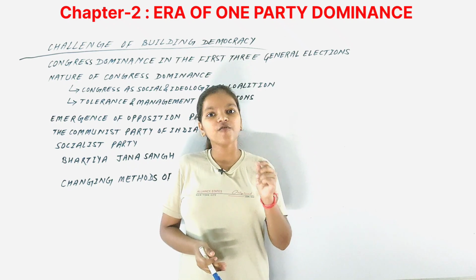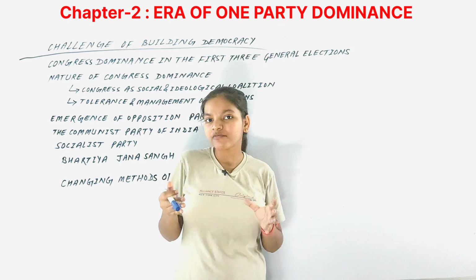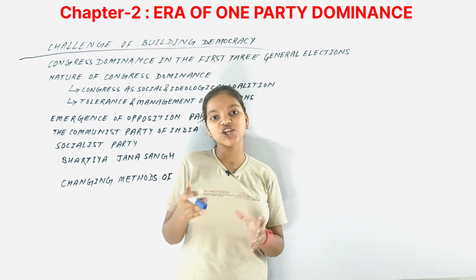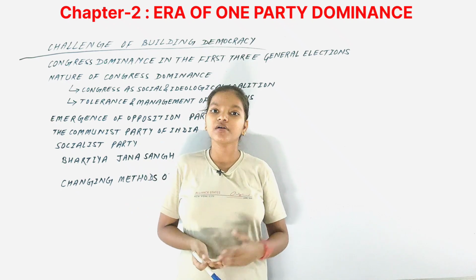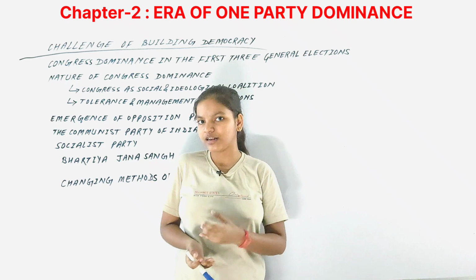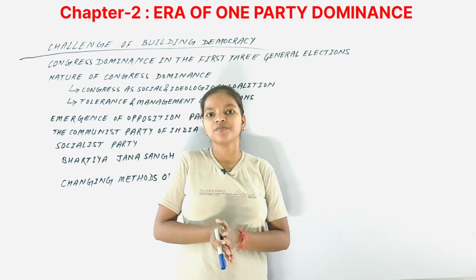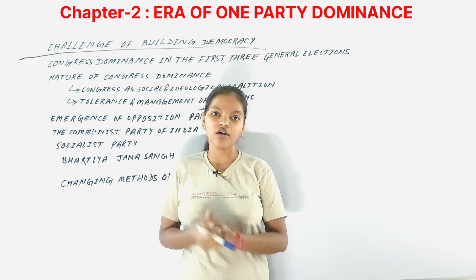It was from October 1951 to February 1952, but collectively it is called the general elections of 1952 because elections in most of the constituencies were held in 1952, and as expected the result was the victory of the Indian National Congress.